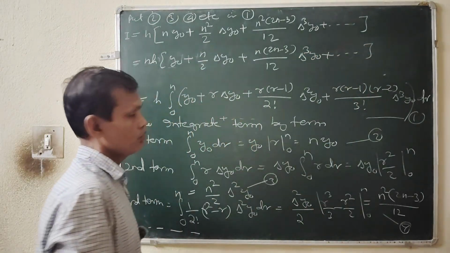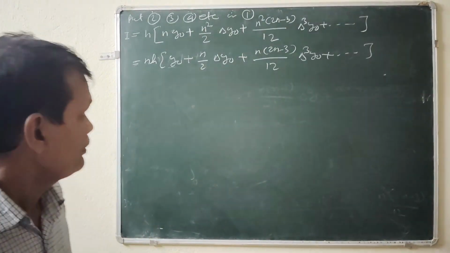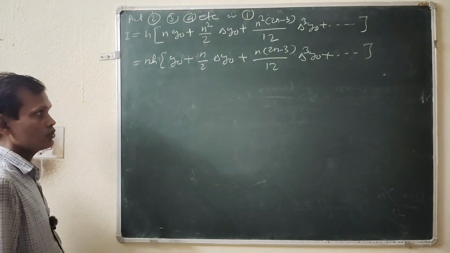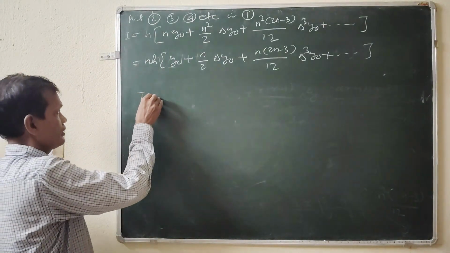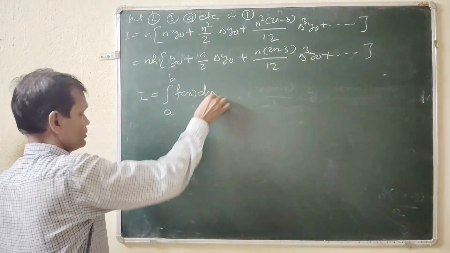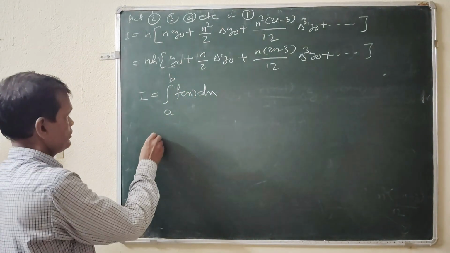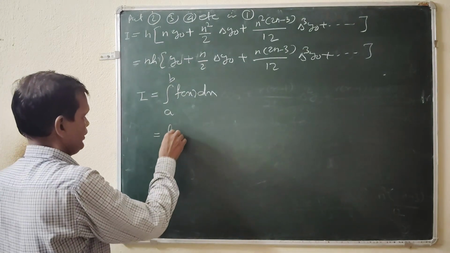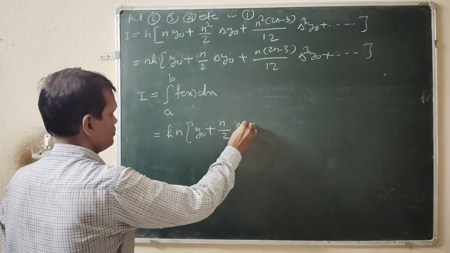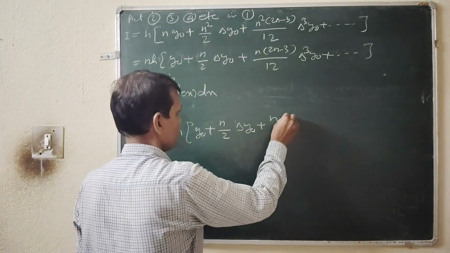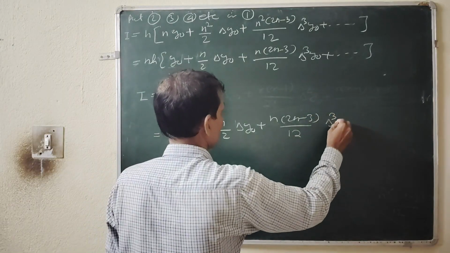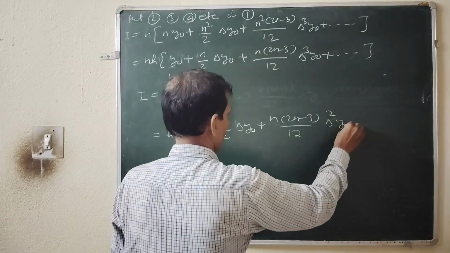So this is our Newton-Cotes Quadrature Formula. Finally we get this formula for our integration, and this formula is called Newton-Cotes Quadrature Formula. That means the integral, integration a to b f(x) dx, which we started with, is now derived as nh times y0 plus n by 2 delta y0 plus n into 2n minus 3 by 12 delta square y0 plus so on.